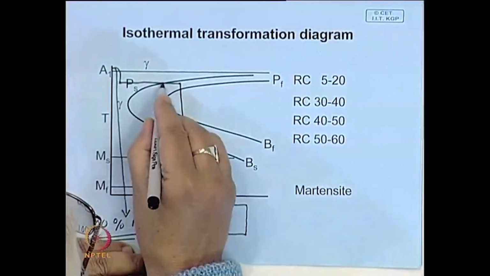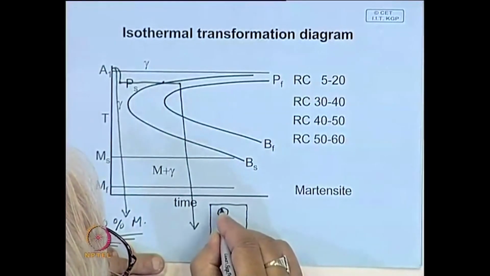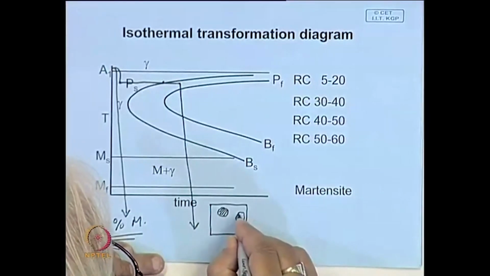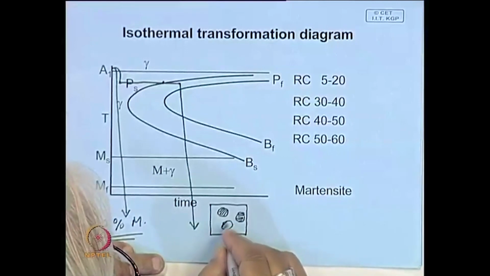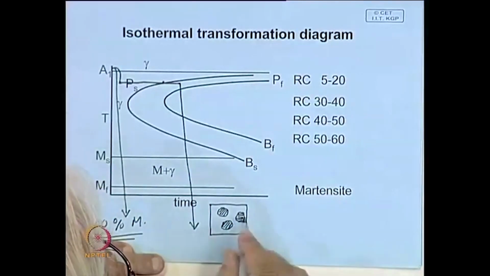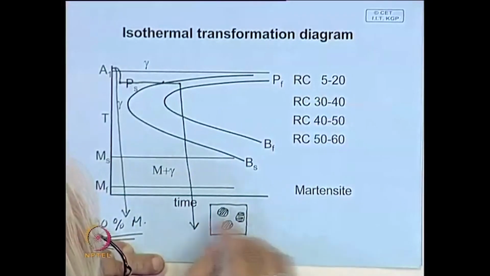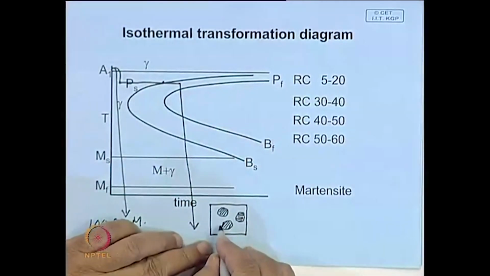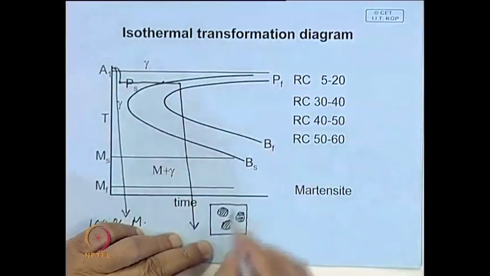Here that microstructure you can visualize like this. Once this point exceeds, you have these nodules of pearlite forming. These are nodules of pearlite that have formed, and then the rest of the thing, if you are quenching, here you do not allow time for the carbon to diffuse and continue with the formation of pearlite.